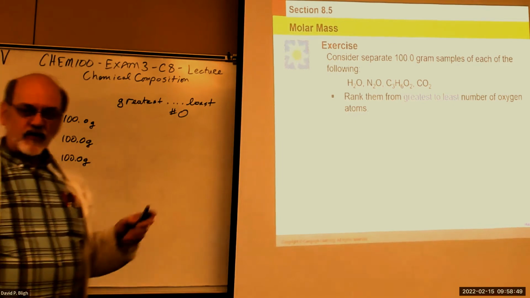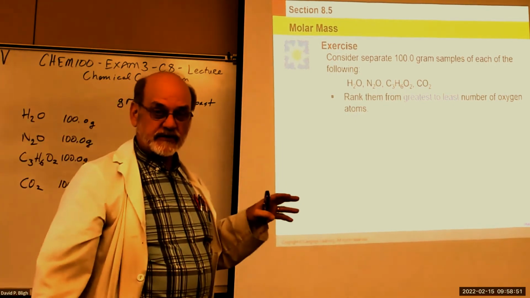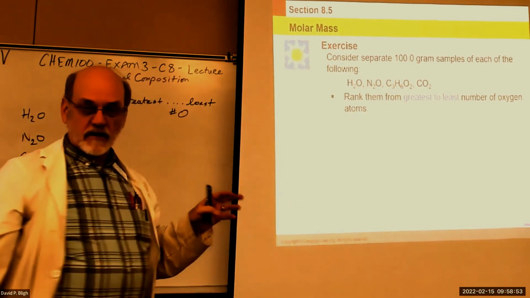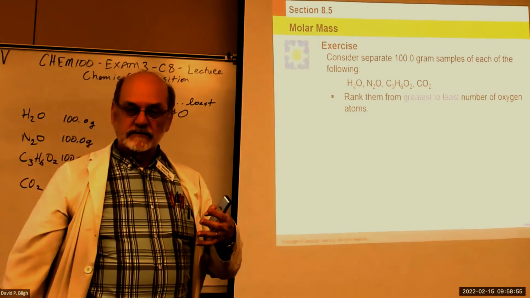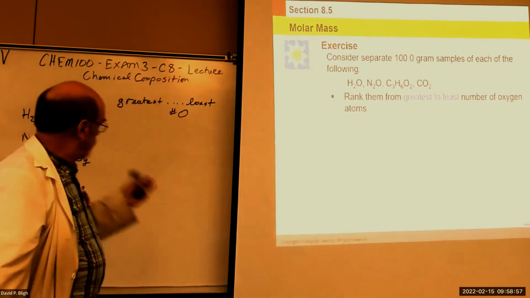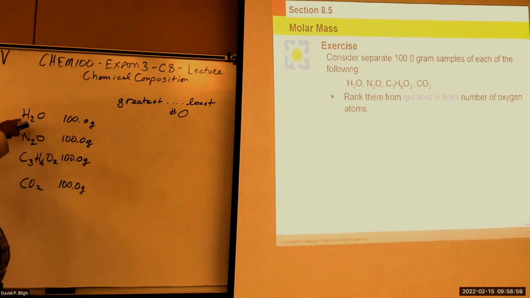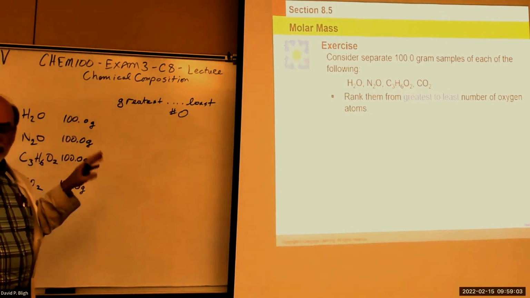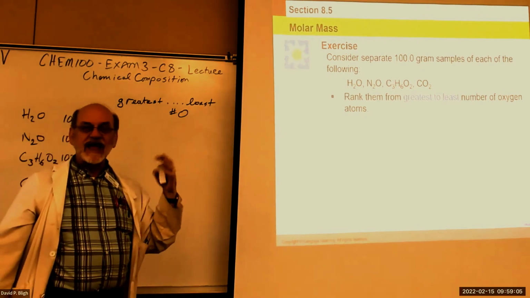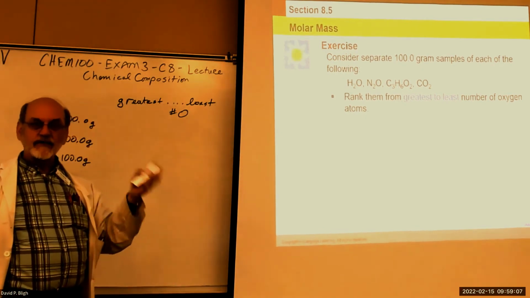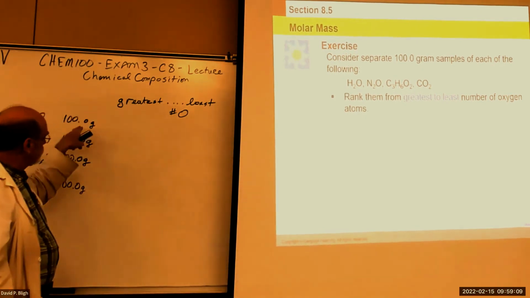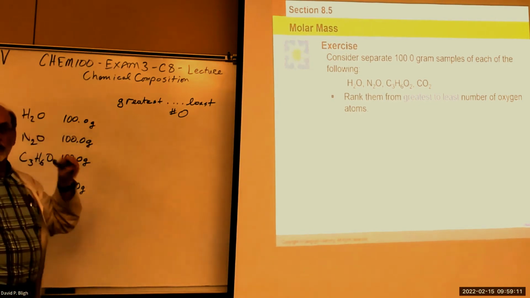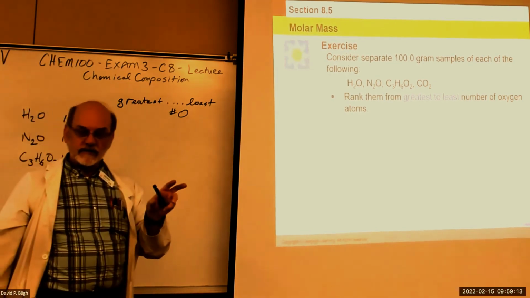If we want to find out the greatest to the least number of oxygens, what do we need to do? Well, first of all, we've got to find out how much of each one of these we've got. We've only got masses. If we're going to go to numbers, what's the magic number? Grams to moles. So we need to convert that grams to the number of moles of the molecule first.